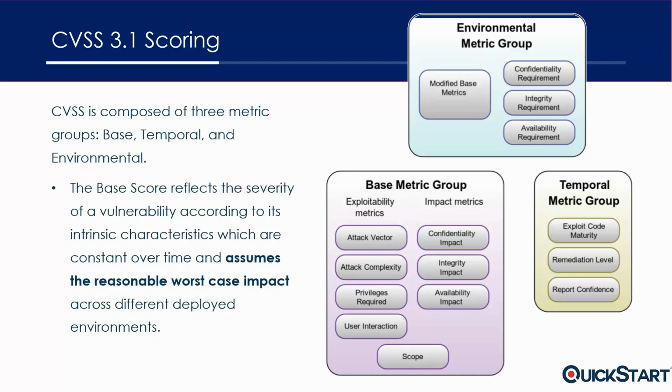So you can walk away, and if you want to try it on your own, in your own organization, you have an understanding of how to do it. So basically, the CVSS scoring is comprised of 3 metric groups: a base group, a temporal group, and an environmental group.